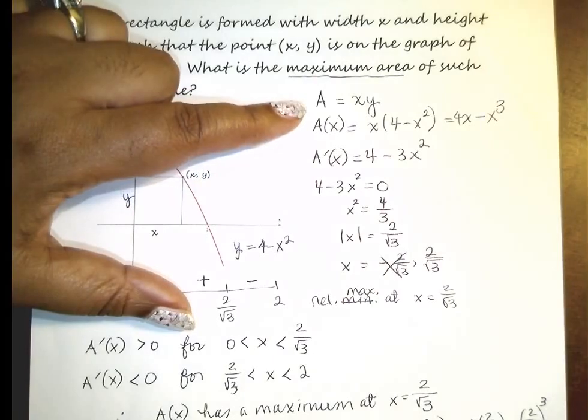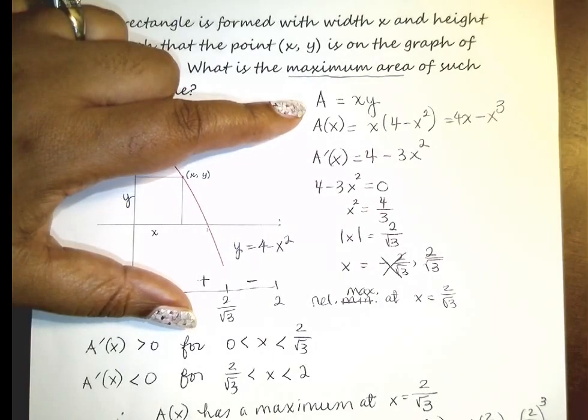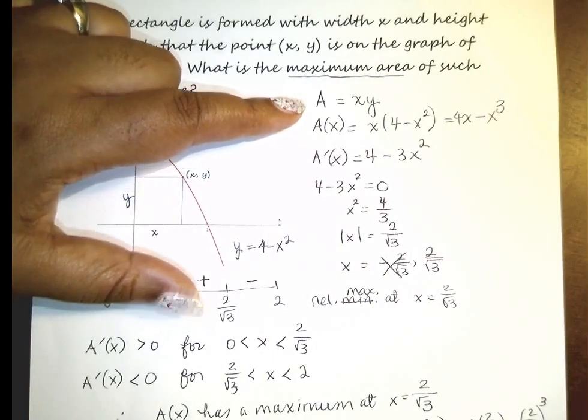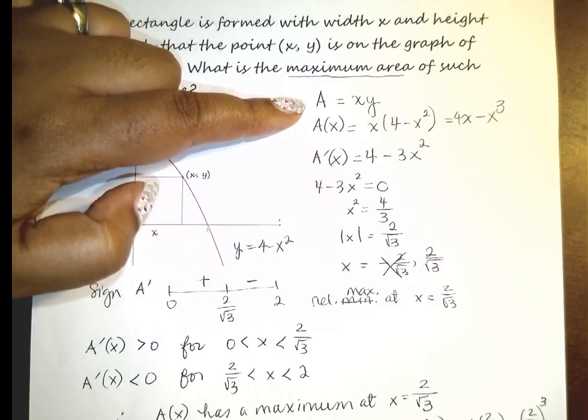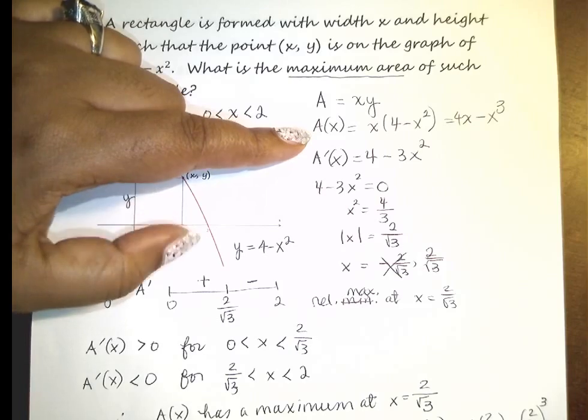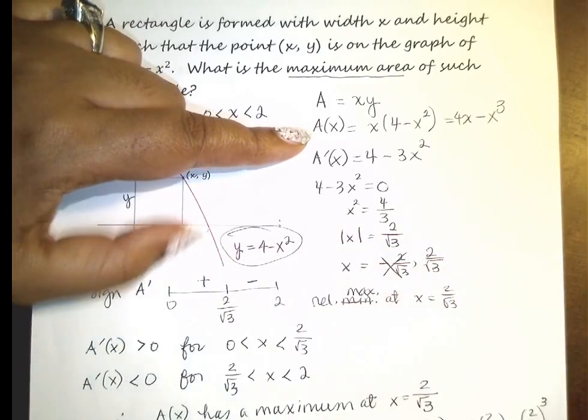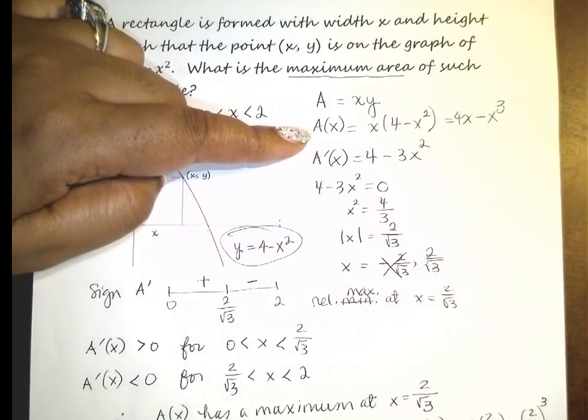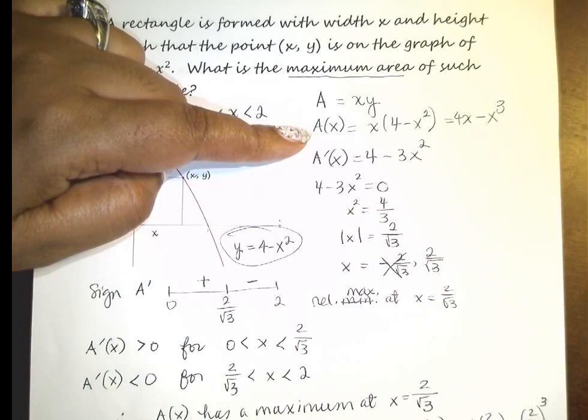Area is what we're trying to maximize, so we write an equation for what we're trying to optimize, in this case the area. Then we use whatever constraints we have. Our constraint in this case was that y is equal to 4 minus x squared, to help us rewrite the area function as a function of a single variable.